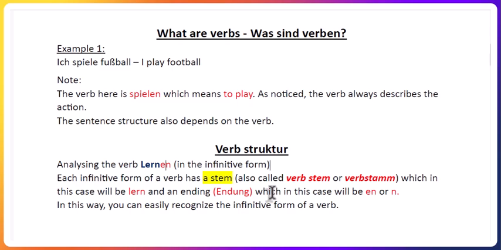Then you realize this verb is the infinitive because it always ends with en or n. Each infinitive form of a verb has a verb stem, which also has an ending in en or n. So it is a very easy way to recognize the form of the verb.